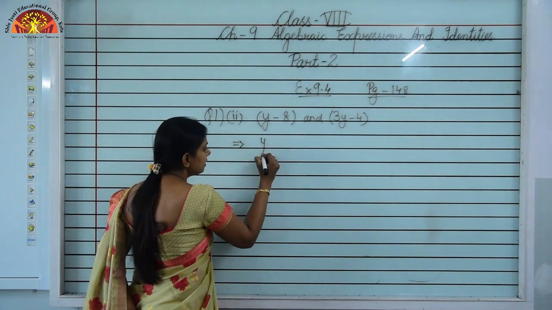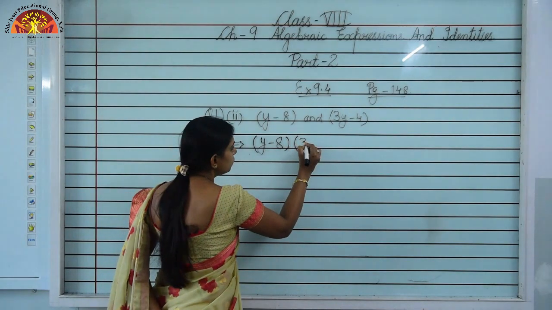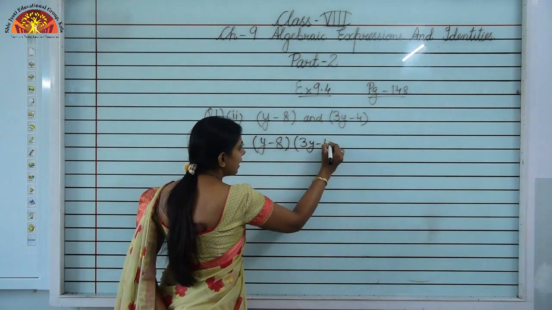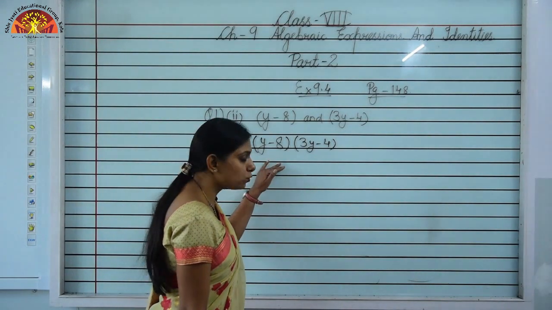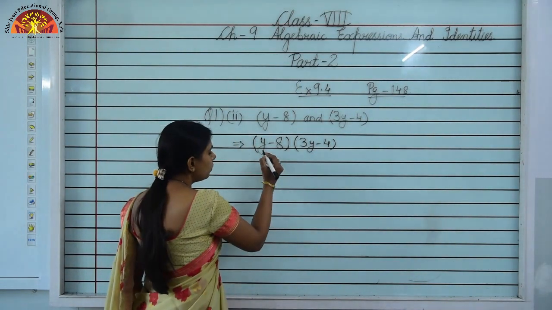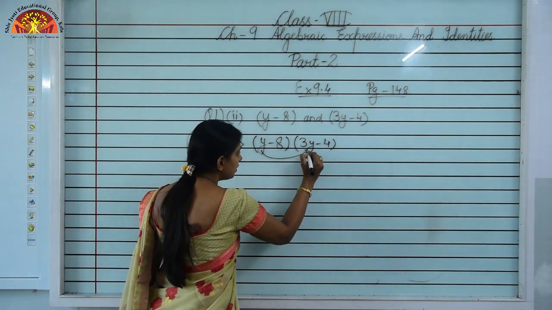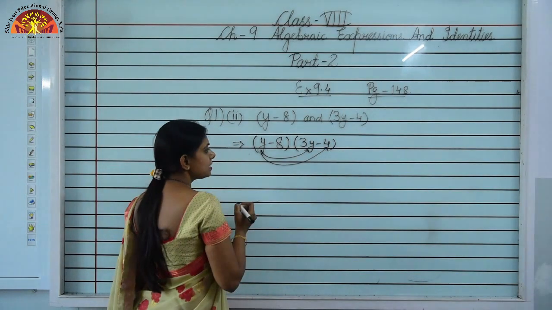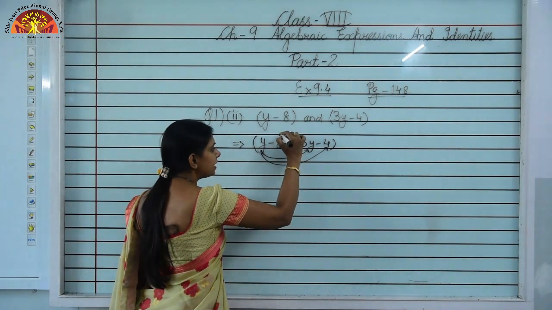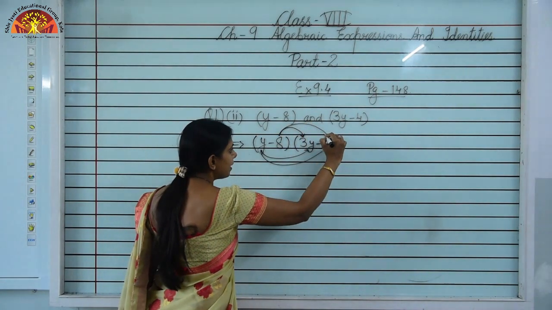So you can see y minus 8 into 3y minus 4. Now how to carry out the multiplication of a binomial with a binomial? In this bracket, y will get multiplied by 3y and also by minus 4. Similarly, this minus 8 will get multiplied by 3y and also by minus 4.